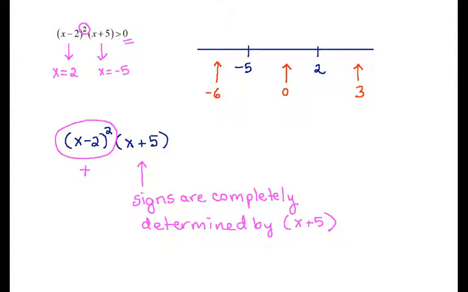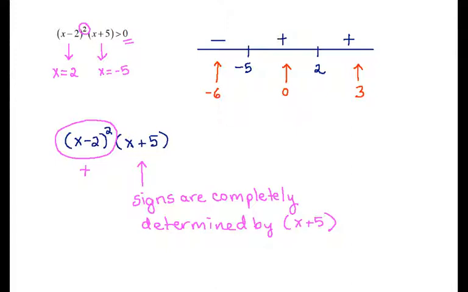That tells me that this whole polynomial must be negative on this first interval. Plugging in 0 for x in x plus 5 gives me 0 plus 5, which is 5, which is positive. That means this whole middle interval, the polynomial must be positive. Plugging in 3 for x in x plus 5 gives me 8, which is positive, so that tells me this whole interval is also positive.